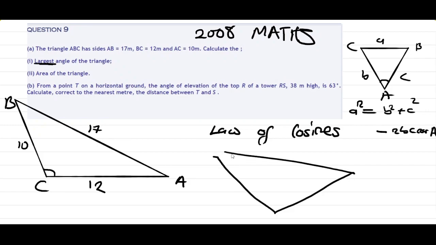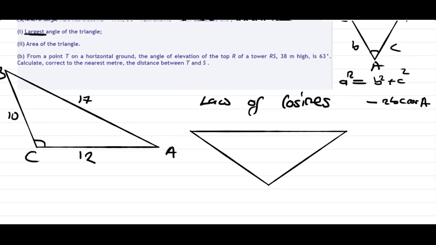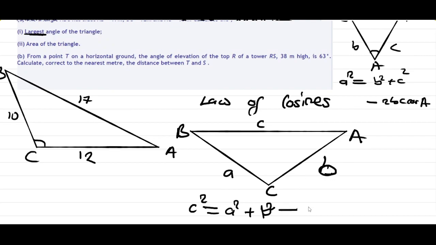Label this C, and this A, and this B. Then what we have is that C squared is equal to A squared plus B squared minus 2AB cos C.